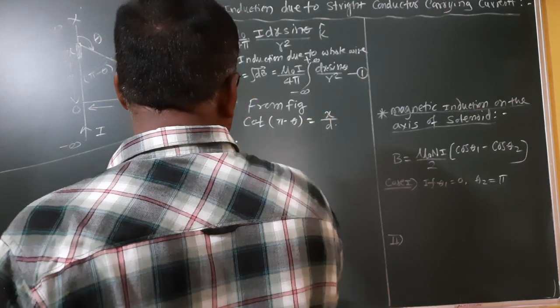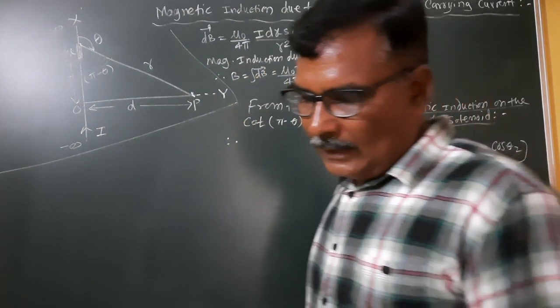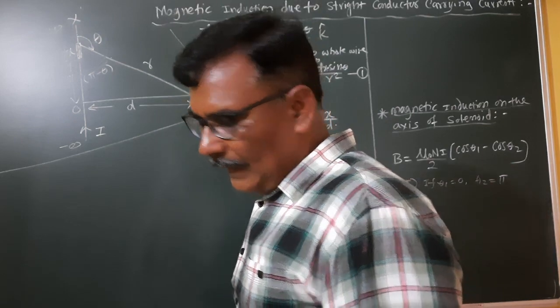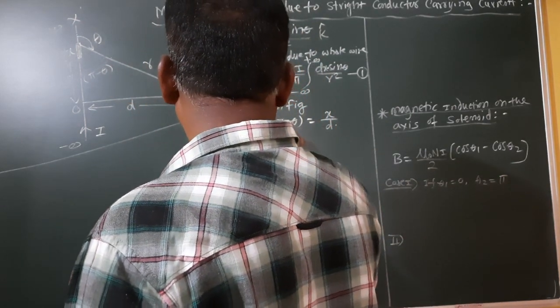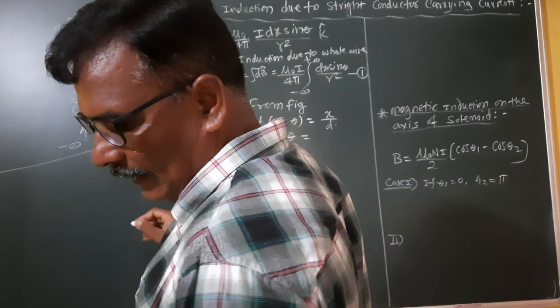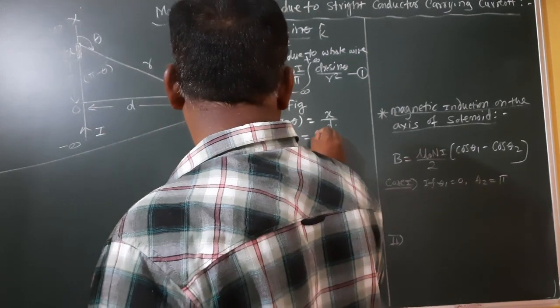Therefore x is the length of the element, and cot of pi minus theta is minus cot of theta, which equals x by d.